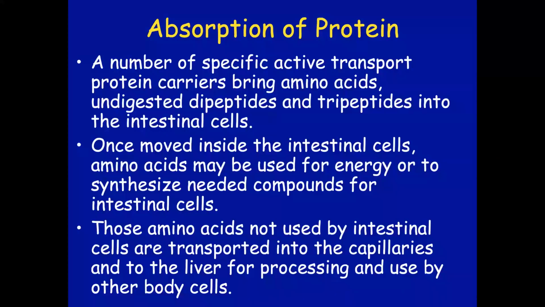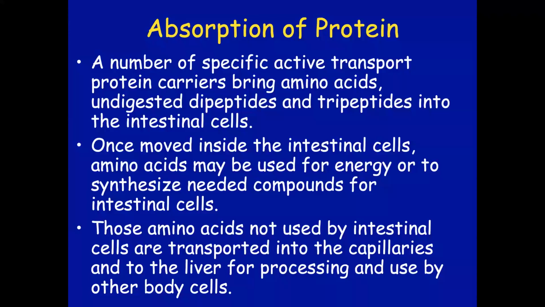So what happens once they're broken down? There are very specific active transport carriers that are made of protein, which will pull amino acids into the cells. It'll also bring in some of the dipeptides and tripeptides. Once those are moved into the intestinal cells, those amino acids actually may either be converted into glucose to be used for ATP, or they will synthesize compounds that are necessary for those intestinal cells to keep functioning.